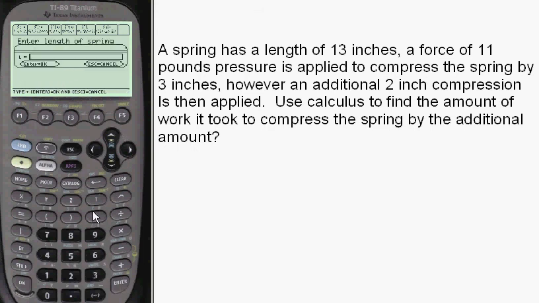We're going to enter the length. You have to press alpha before you enter anything into my entry lines here. So it's going to be alpha 1, 3, and it's in inches. And we're going to put in the force, alpha 11, pounds. We're going to enter the first compression, which is 3, alpha 3, and then alpha 2.